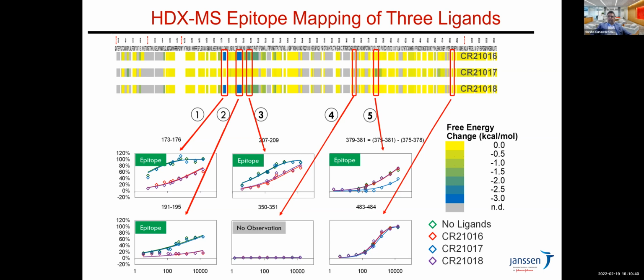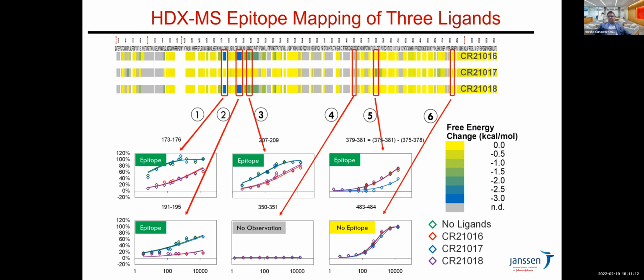Over here in 5, a significant shift in deuterium uptake of about 2 kcal per mole in free energy is seen for only the second ligand, not the first and third ligand, in this patch of residues. And we are comfortable that these are residues that comprise this epitope for ligand 2. Finally, we see deuterium uptake, but there is no significant change in deuterium uptake to call these regions epitopes. And they are all regions in yellow.